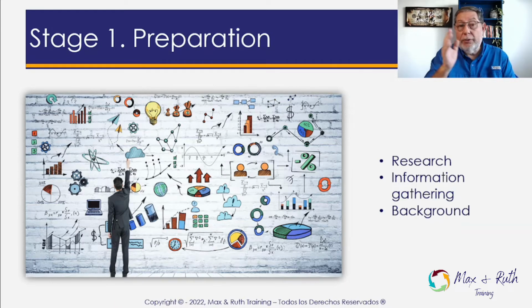The first one, stage 1, is preparation. And in this stage, you research, you gather all the information that you need in order for you to know who's your target audience, what are the pain points of that audience, what are the needs of that audience, and what's the general background that you need to know to develop a course.